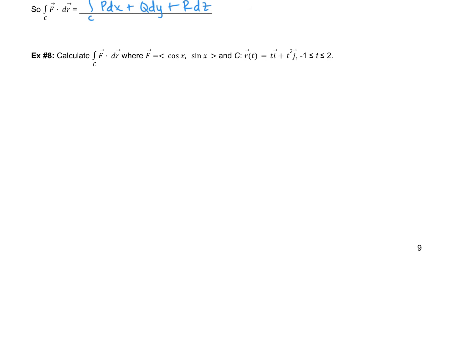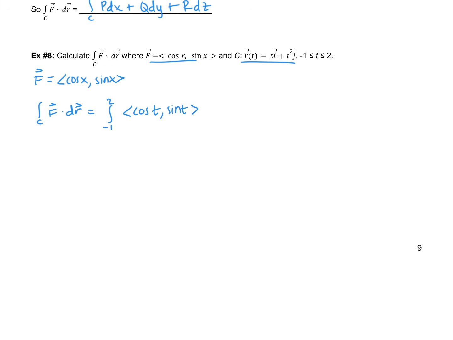So again, we're calculating work. F is this vector field, C is r as given. So if we write F in terms of r, that gives us cosine t, sine t. So if we want our work, our line integral along the curve C of F dot dr, it's going to be our integral from -1 to 2 of cosine t, sine t.